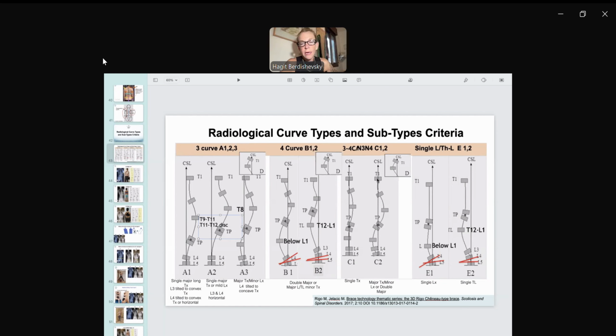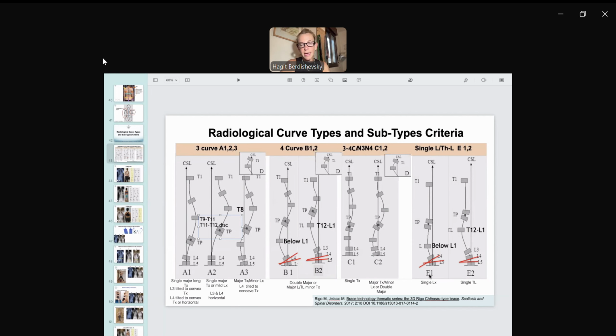And also, yes, the 3-4C can also develop it. Less common to develop is a 4C, and not to develop is a single. So you can see that the single also is a primary lumbar.